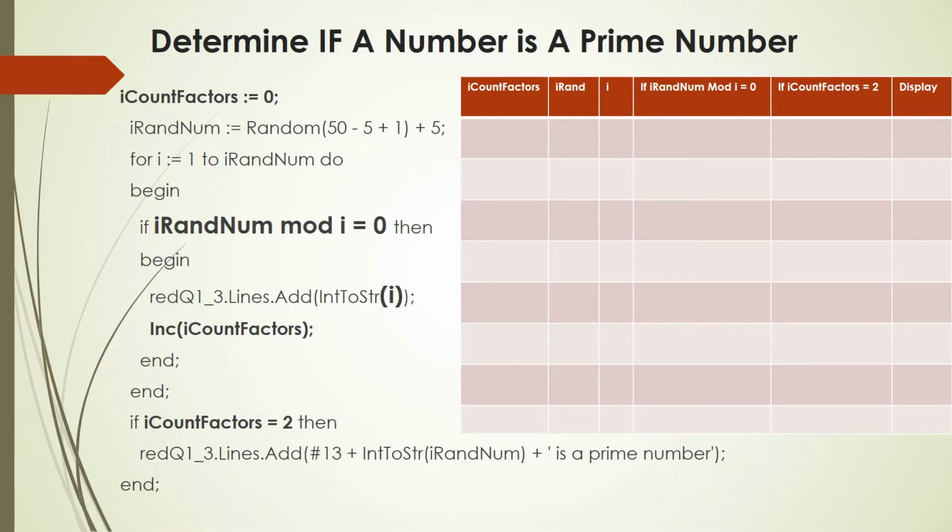Then you had to determine and display the factors of the random number generated. Remember, a factor is a number that divides another number with no remainder. And a prime number is a number that has two factors, the value 1 and the number itself.